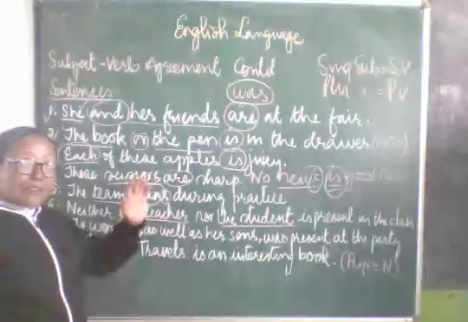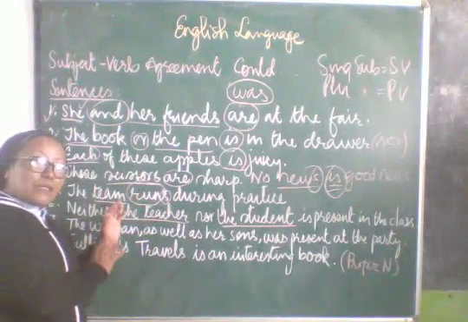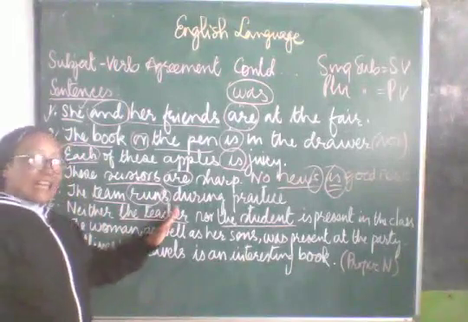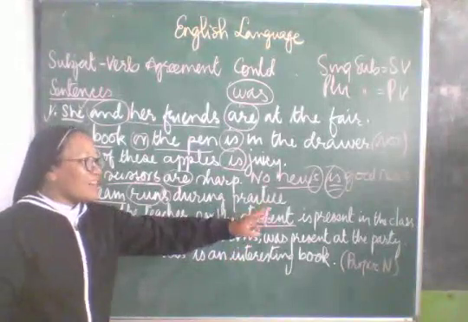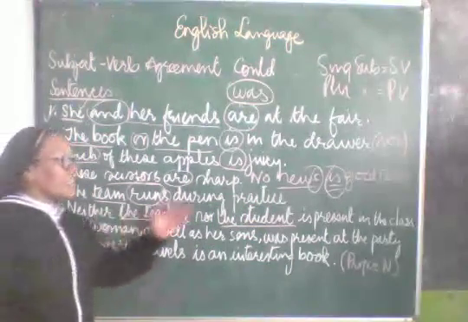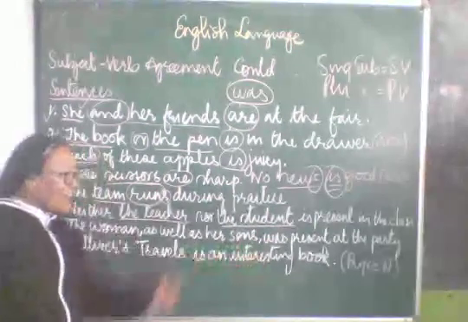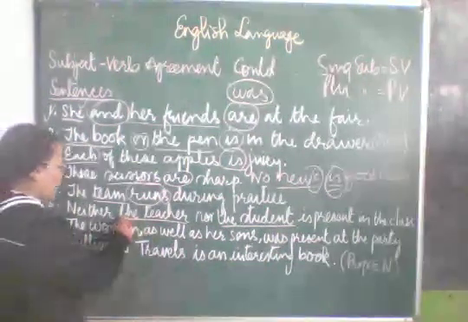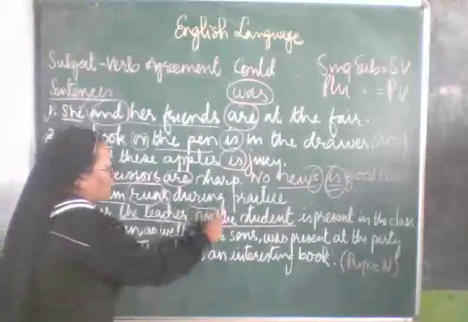When you see or or nor, and you look at the subject, it is considered single. So neither the teacher nor the student is present in the class. That means the teacher is not present, the student is not present. Neither of these is present.